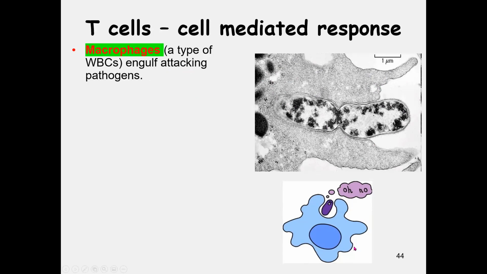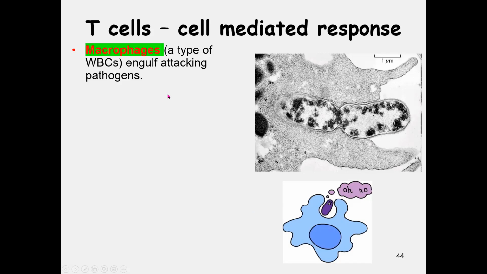Here's a little cartoon I found of a macrophage attacking a bacterium. The bacterium, of course, thinks that's it. So it surrounds it and forms a little vesicle, a little bubble, and then it pumps the antibodies in there to destroy them. It's much easier with a cartoon.